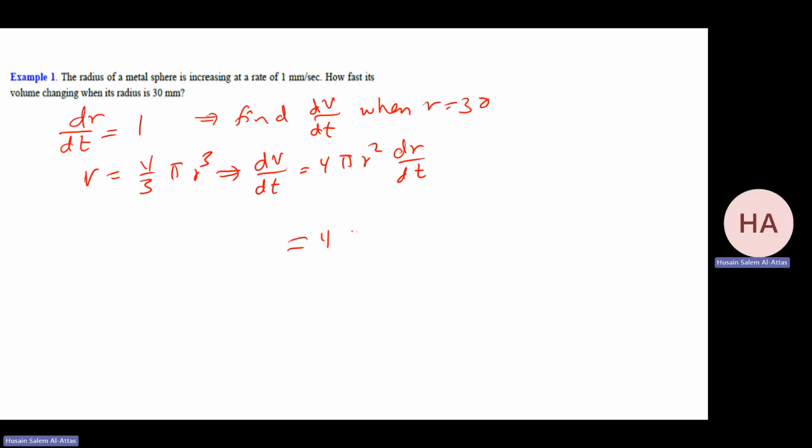That will be 4 pi times 30 squared. The dr by dt is 1. That will give me 4 times 9, 36 times 100 pi. That will be millimeter cubed per second.